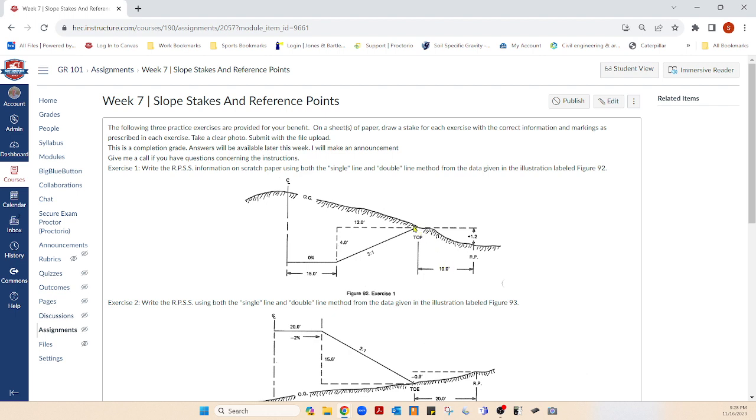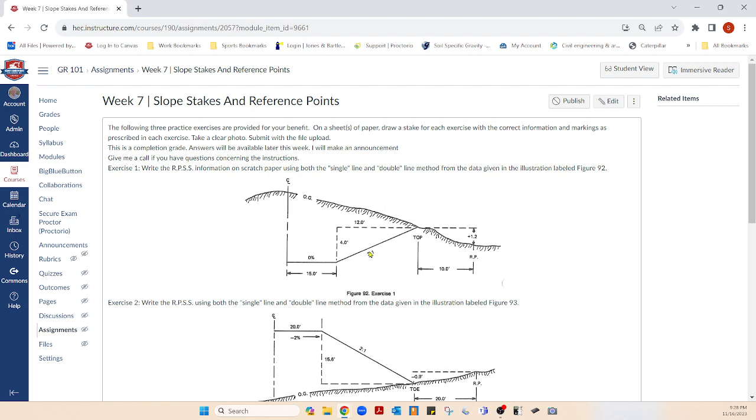And then the next thing it's going to have is a cut of 4 feet. You can say at 12 feet, or you can say at 3 to 1, but what you need to keep up with is the 12 feet horizontal.